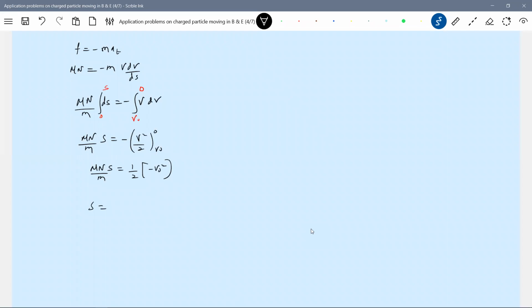The value of s is needed, so this will become m v naught square over 2 mu N. What is the N we assumed? It is equal to mg plus q E naught. Path length of the charged particle.